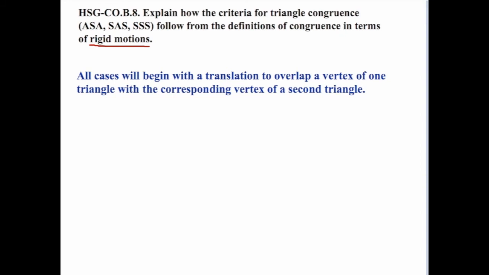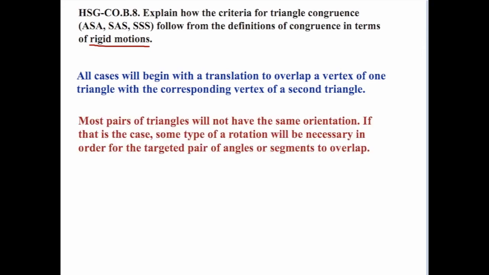In looking at the bigger picture here, all of the cases are going to begin with a translation to overlap a vertex of one triangle with the corresponding vertex of a second triangle. And most pairs of triangles will not have the same orientation. That's going to be very rare, especially at this level.